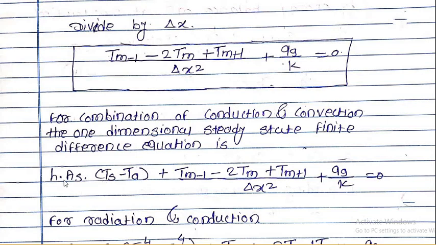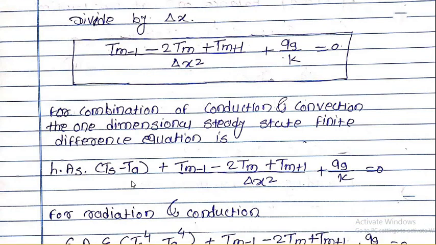So we will get the equation for the combination of conduction and convection: h multiplied by A_s multiplied by (T_s minus T_a), plus (T_m-1 minus 2T_m plus T_m+1) divided by delta x square, plus Q_g divided by k is equal to 0, where h is the heat transfer coefficient and A_s is the surface area available for the convection heat transfer, T_s is the surface temperature, and T_a is the ambient air temperature or surrounding fluid temperature.